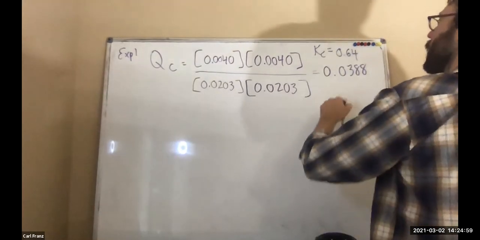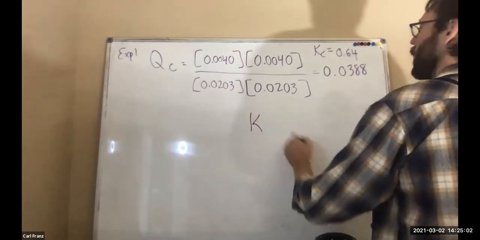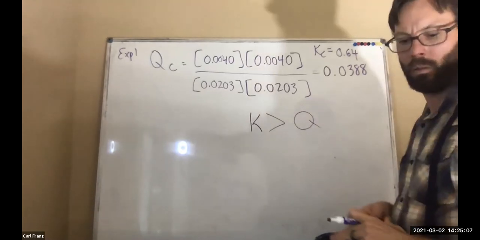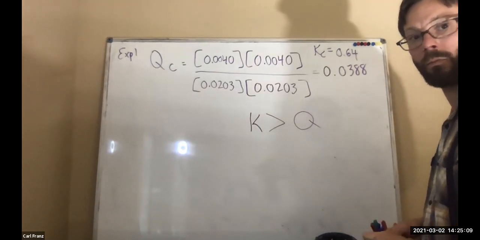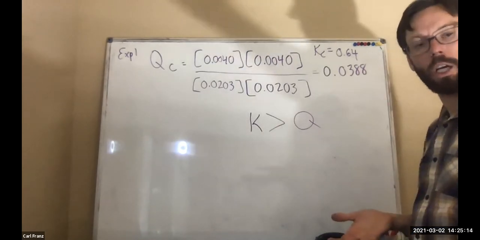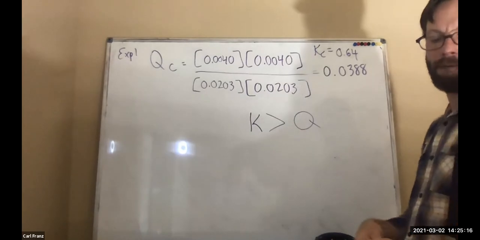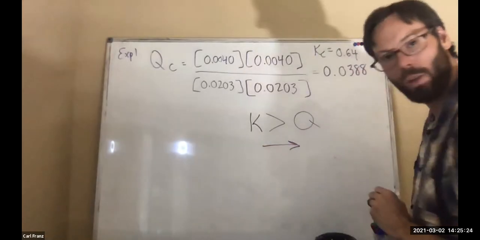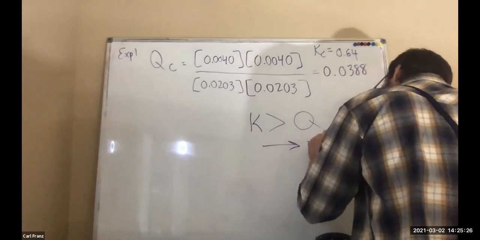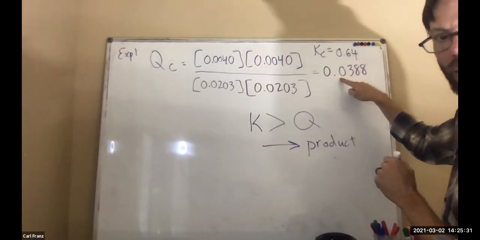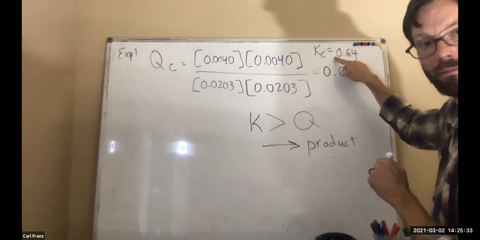So in this case, K is greater than Q, right? And so that means it's not at equilibrium yet. And so which way is it going to go? What's going to be favored? Products. Okay. So it's going to go to the right. It's going to favor the products until this number equals this number.